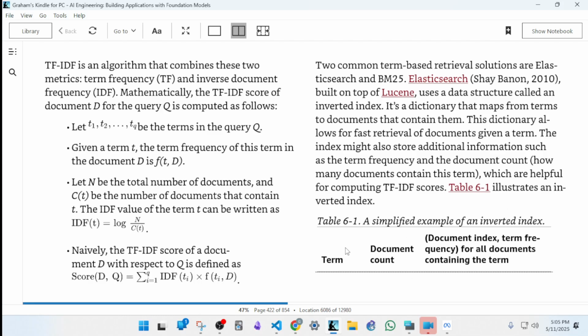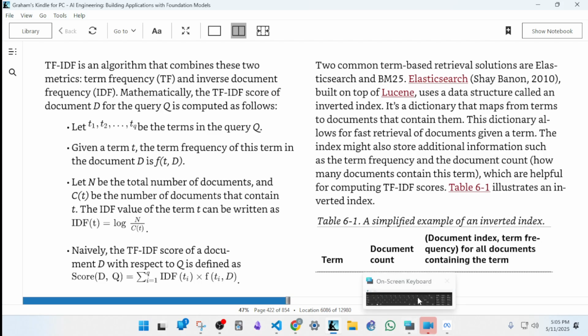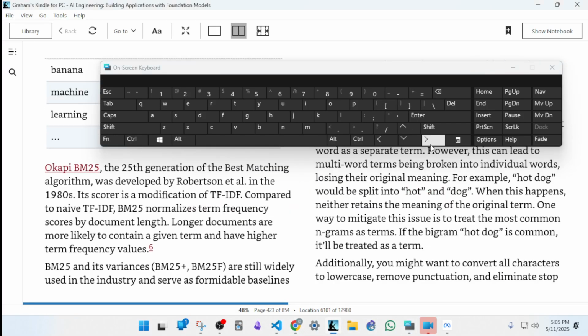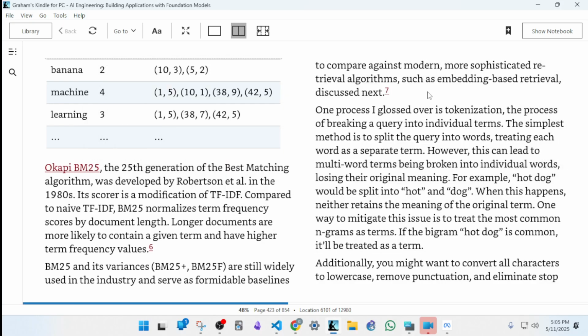So this is a table with rows and columns. The columns are term, document count, and document index, term frequency for all documents containing the term. The first row in the table is banana.